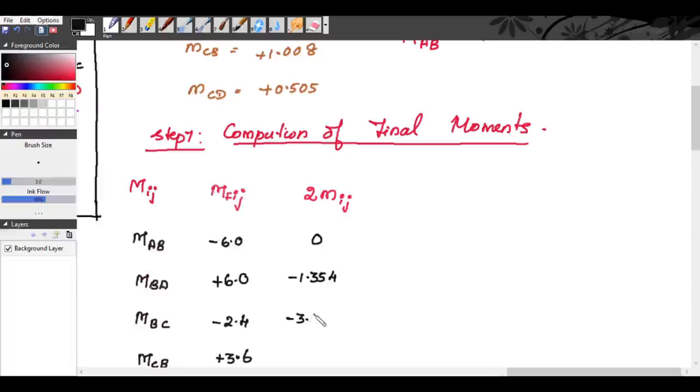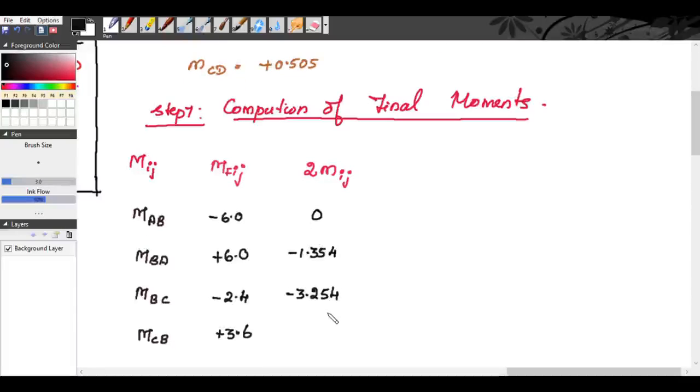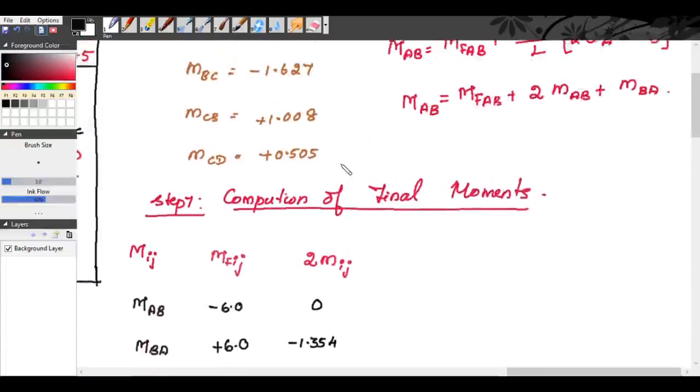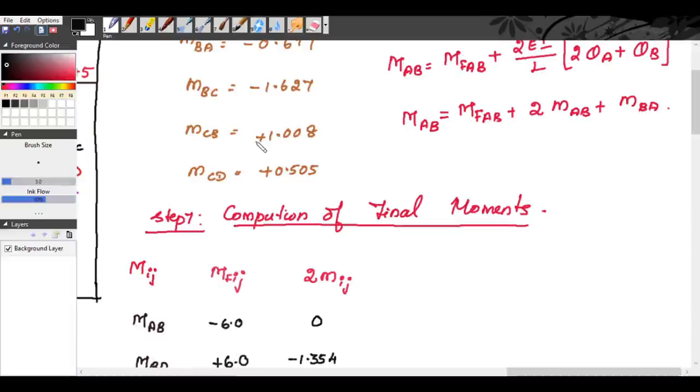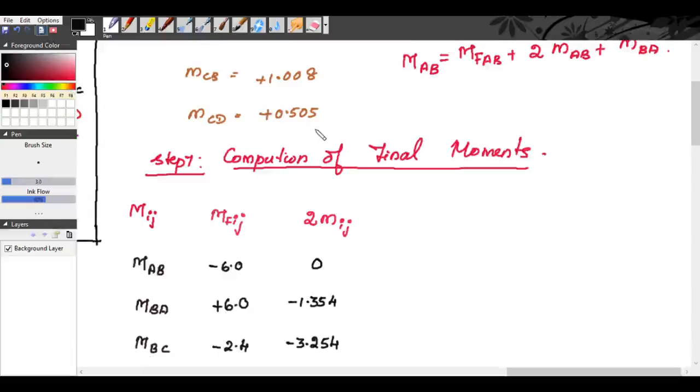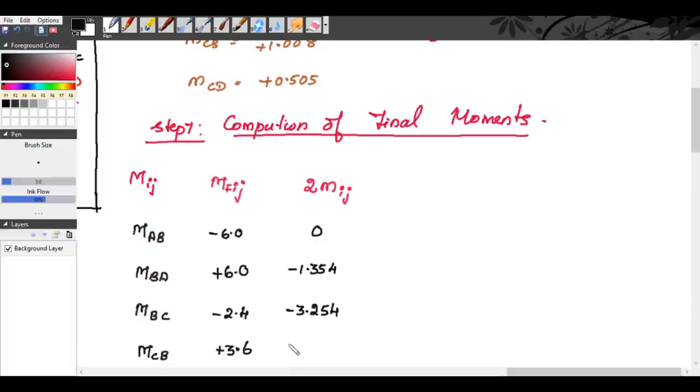Now IJ is CB, so 2 MCB, that is 2 into 1.008, we get plus 2.016.